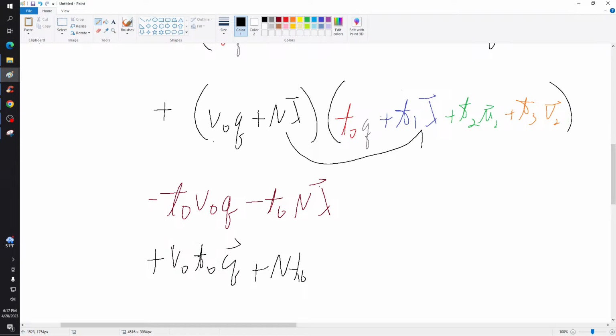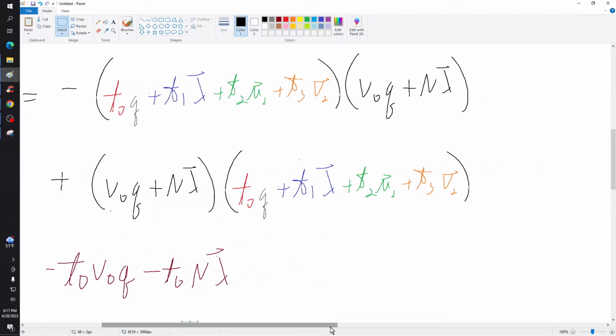Lambda times lambda is, I didn't even FOIL out the whole thing. Okay, so my bad. We'll go ahead and do this. Okay, so then T1 lambda times V null Q is equal to plus T1 V null Q, and then lambda times lambda is -1. So we're going to get minus T1 N, which is a real number, so we put Q.